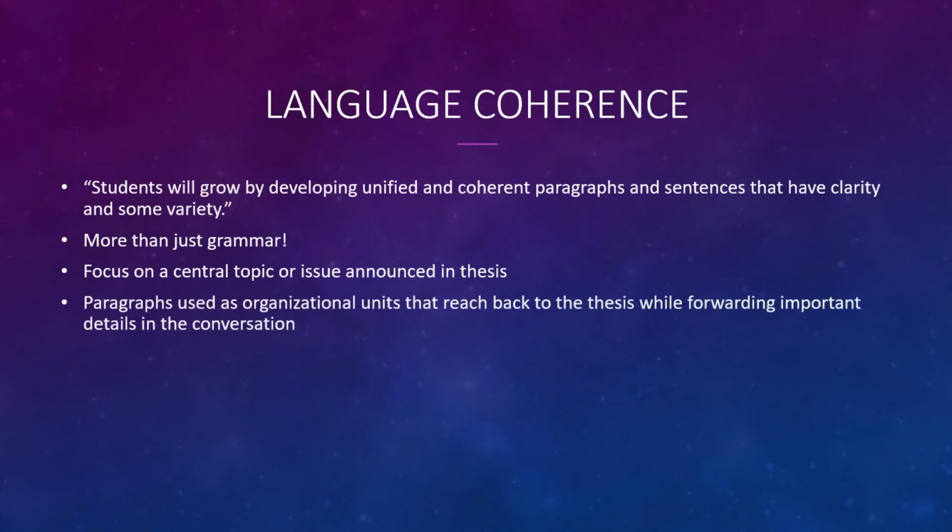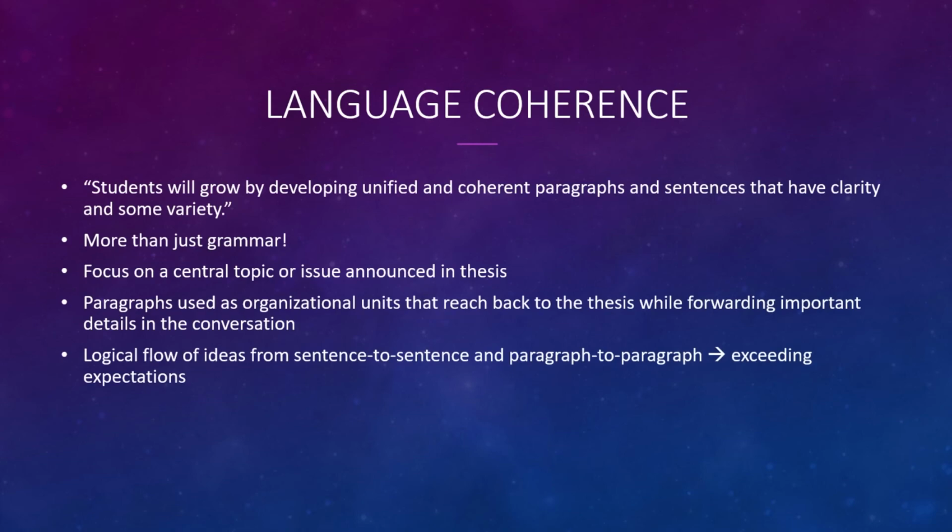Then, each paragraph subsequently brings into focus an element of the writer's thesis, providing more detail, claims, explanations, evidence, and so on. Each paragraph likewise following logically from the previous paragraph and into the next paragraph.